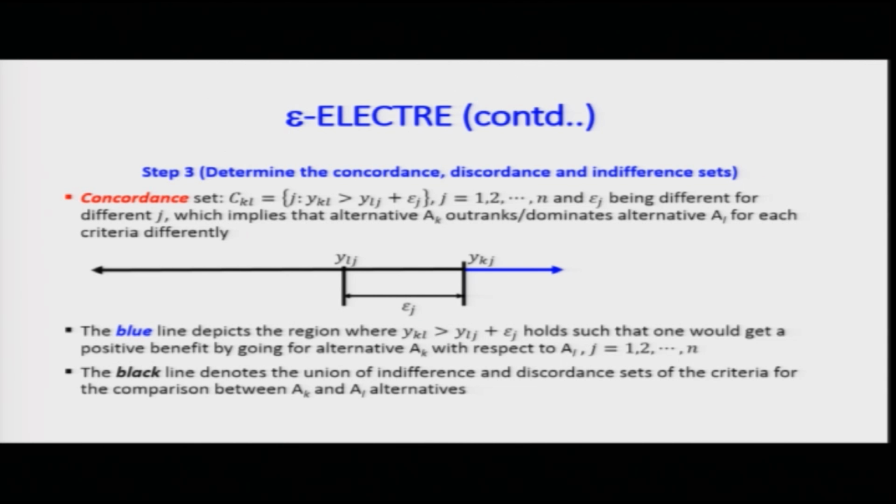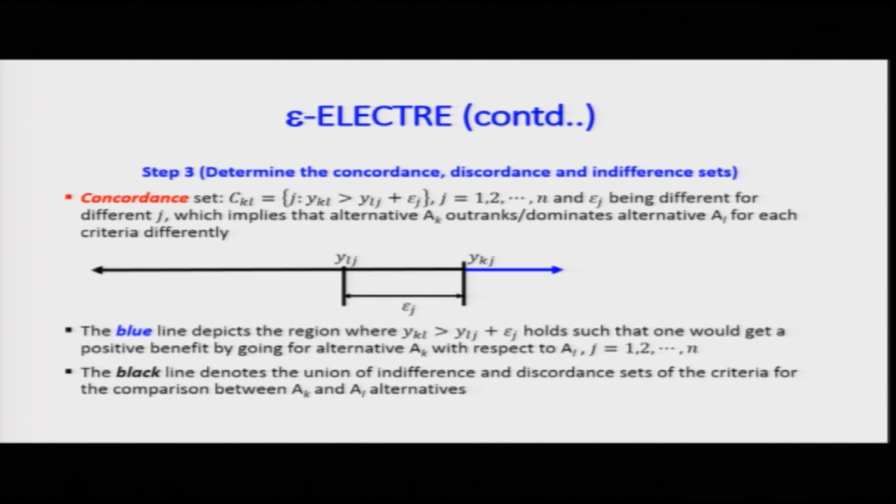So, the blue line depicts the region where y k l is greater than y l j plus some epsilon j, depending on the criteria j, and it will hold such that one would get a positive benefit of some amount plus something given for alternative A k with respect to A l, for j equal to 1 to n, where n are the criteria.